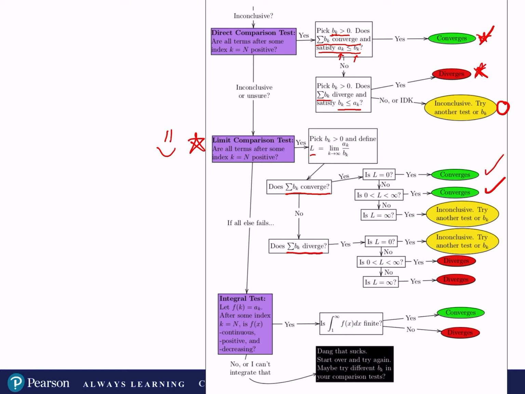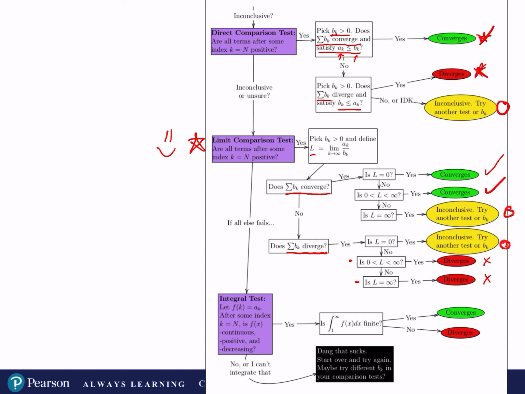If the sum of bk diverges, and L is equal to infinity, or it is greater than 0, then the sum of ak diverges. If it doesn't fall into either of those two categories, then it is inconclusive and we're going to have to try another bk or a different test.